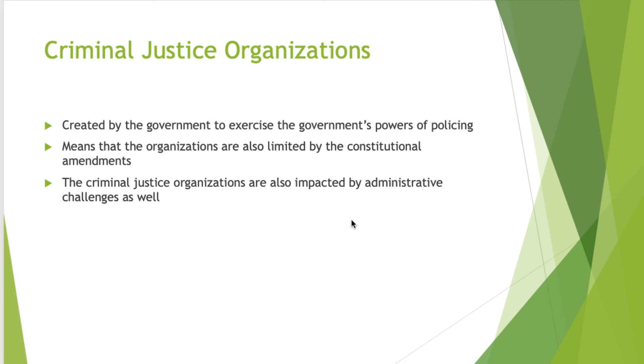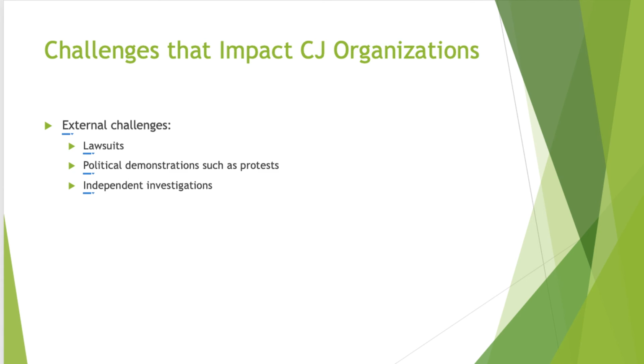In addition to the limitations of the Constitution, there are other administrative challenges that criminal justice organizations may endure. These are more criminal justice specific and don't apply as much to others.